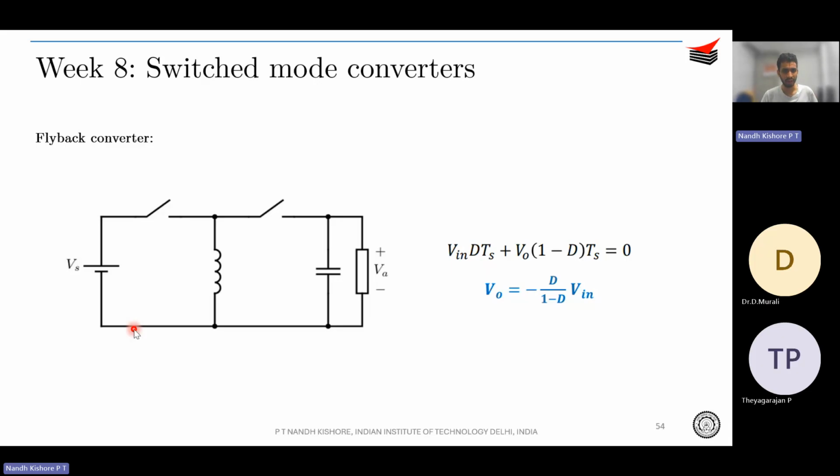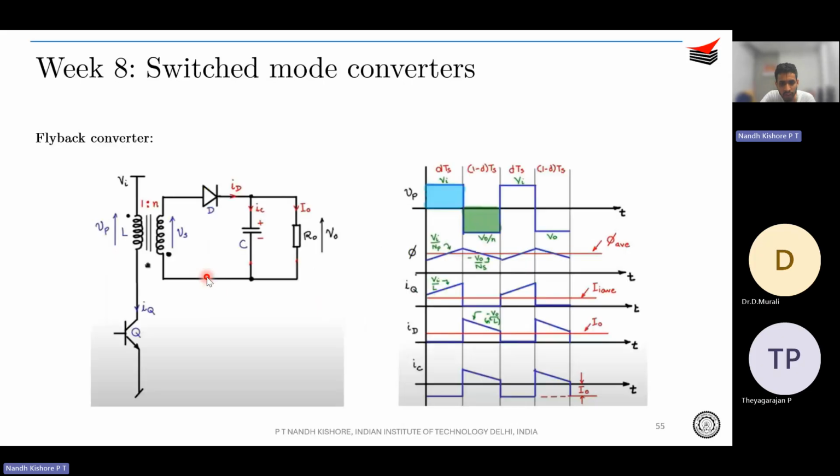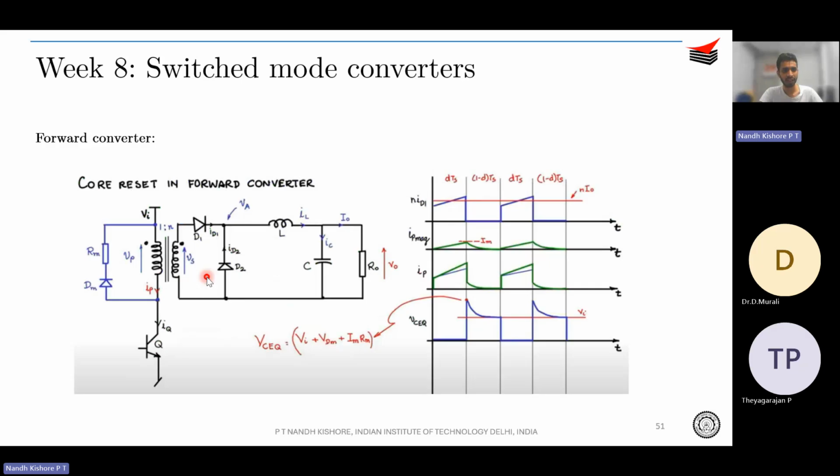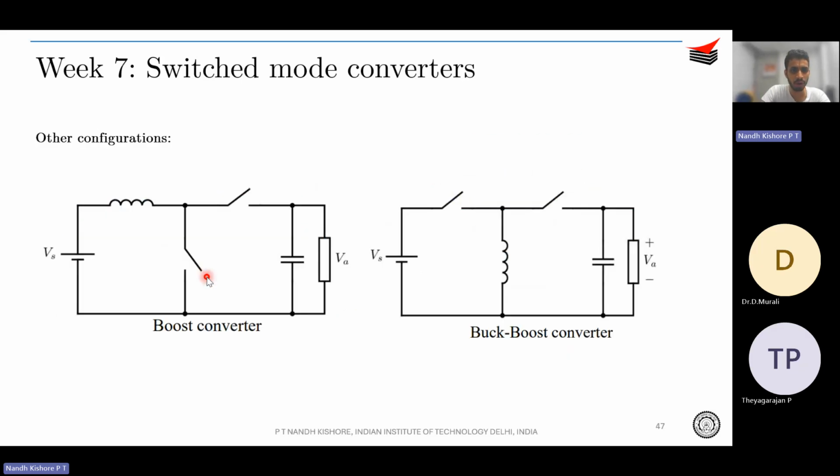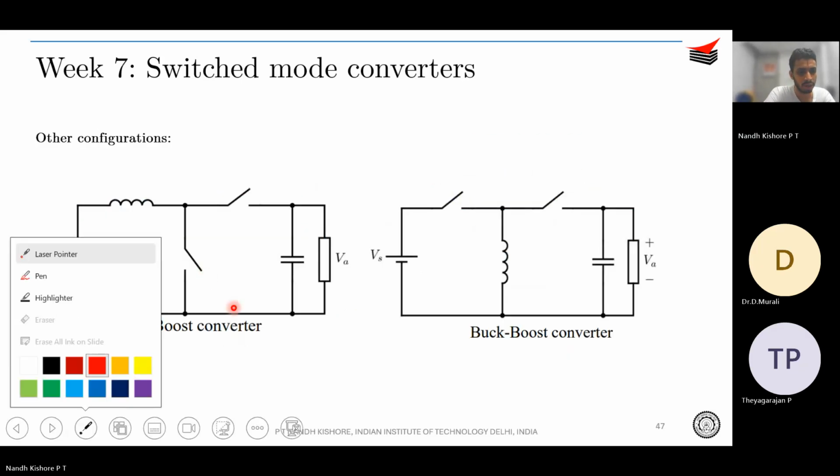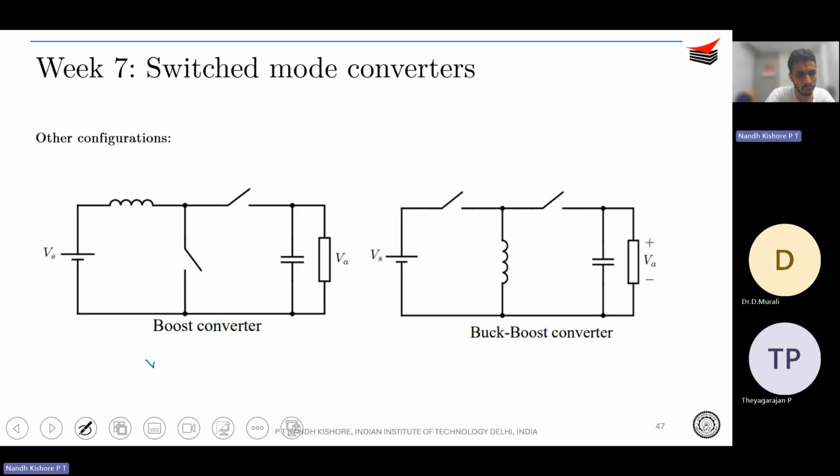Correct. So the flyback converter is derived from the buck-boost converter, as shown over here. This is a buck-boost converter, and you understand that V naught is going to be minus D by 1 minus D times V in. Before I proceed, I forgot to mention the input and output voltage relationship.